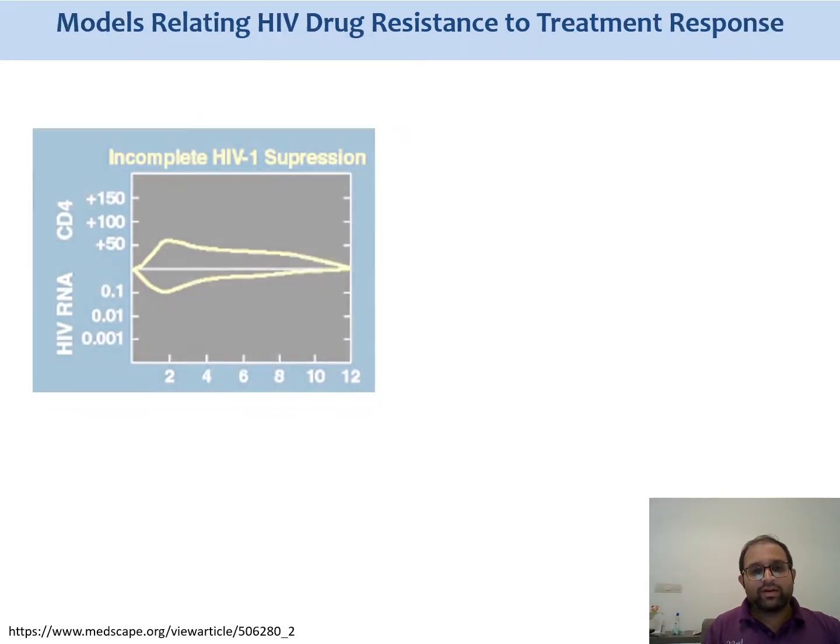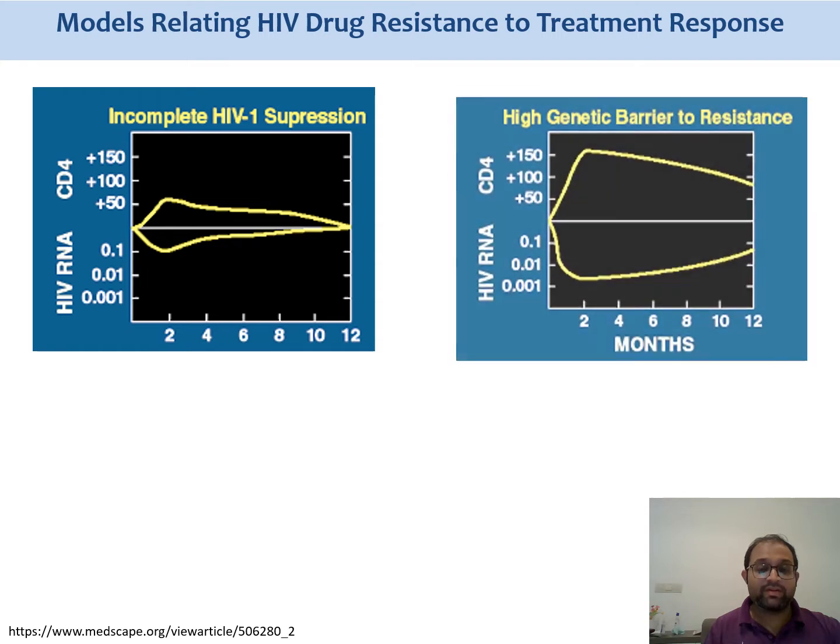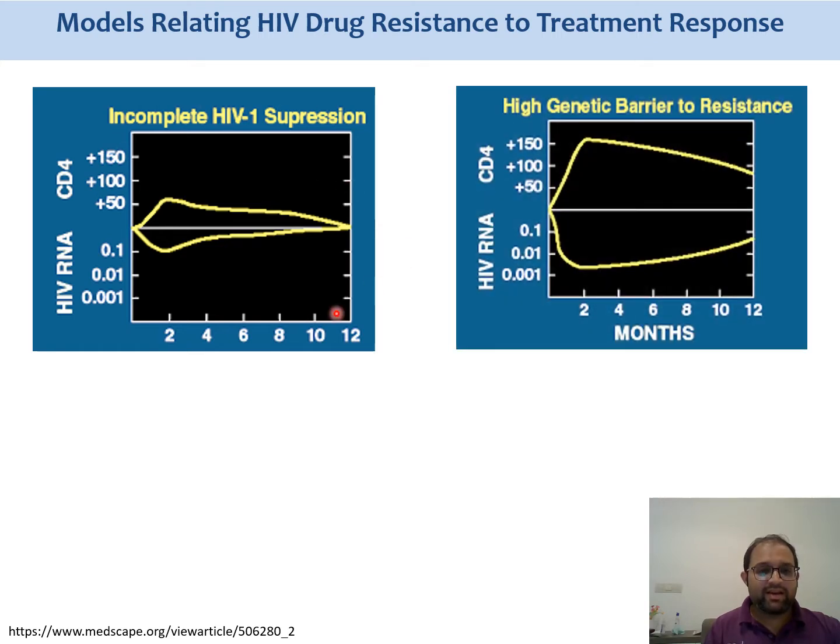So let's look at some of the projected models that have been done to look at the HIV resistance to treatment responses. On my left, there is a case with a drug which has a low genetic barrier to resistance, meaning any mutation can make the drug ineffective. And on my right, there's a drug which has a high genetic barrier to resistance, meaning certain mutations would not affect the major activity of the drug.